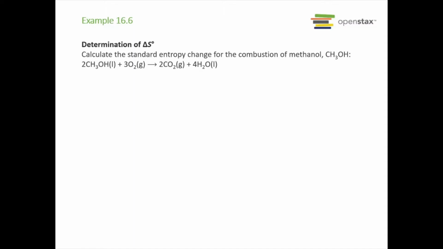So here's another example. This one we're looking at the combustion of methanol, and they were nice enough to give us the balanced reaction. So delta S standard is equal to the sum, and we're going to put a little symbol there to represent the coefficients of the standard products, minus the sum of our coefficient times our reactant.